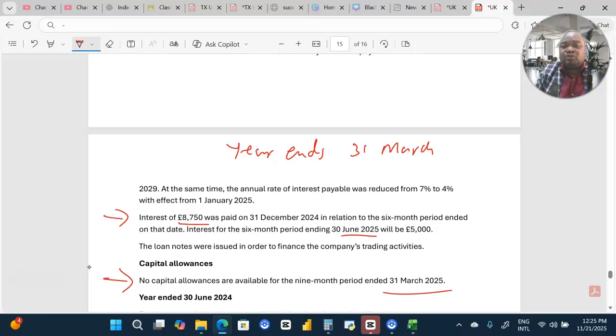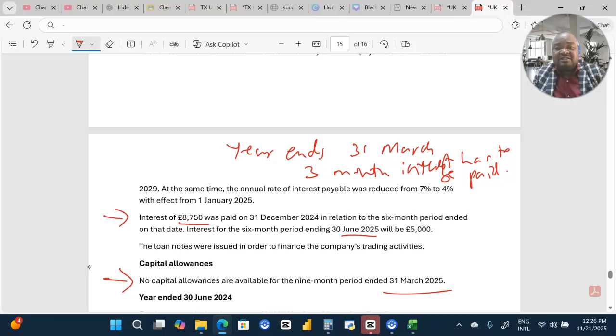Even if the payment is due in June, the 3 months interest would be due by year end. Is that clear? Despite the fact that it is going to be paid on 30 June 2025, it is due now. At year end, it will be due. Remember the accrual basis.